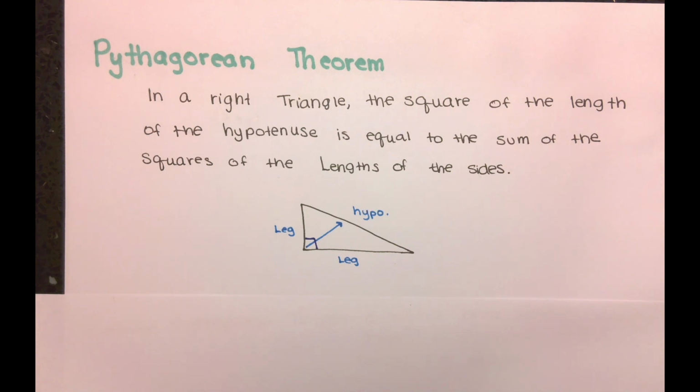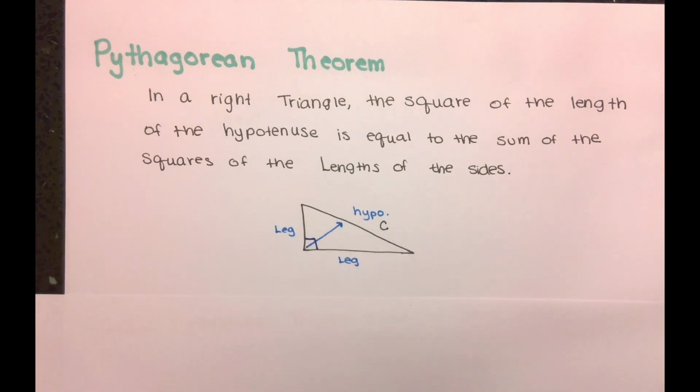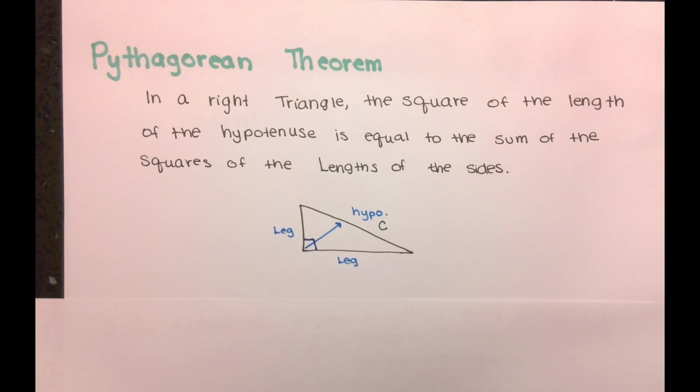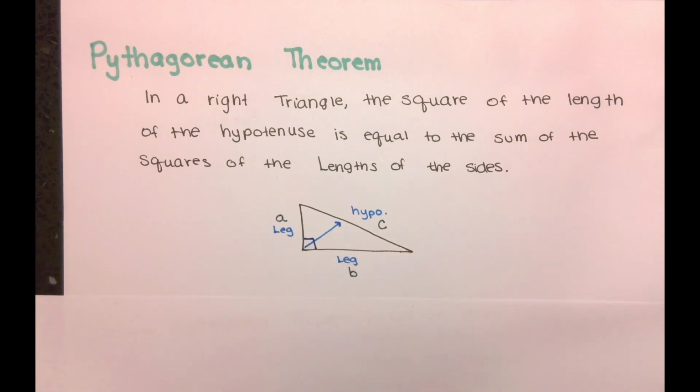So we have three letters, A, B, and C. C is always the hypotenuse. C is always the largest side. The legs A and B can be switched as I previously mentioned. So this can be B, this can be A. That doesn't matter.